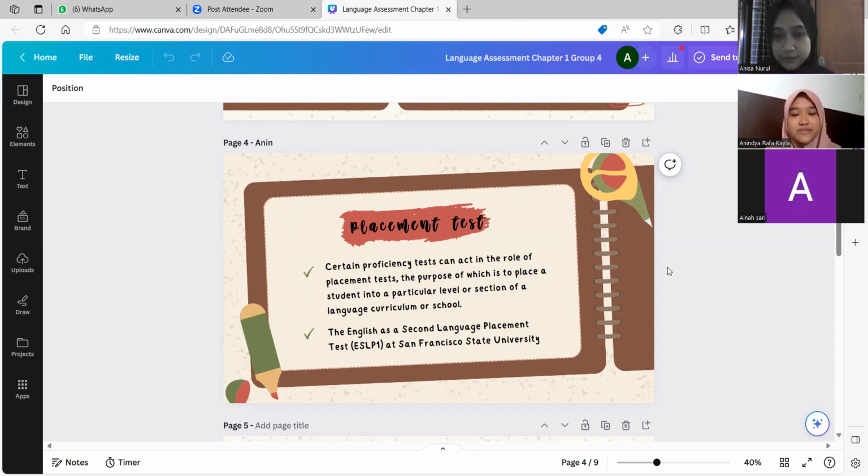So placement tests actually have many varieties, and assessing comprehension and production, responding through written and oral performance, and open-ended and limited responses are examples of placement tests.